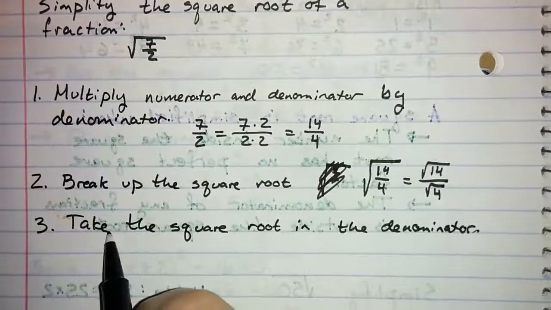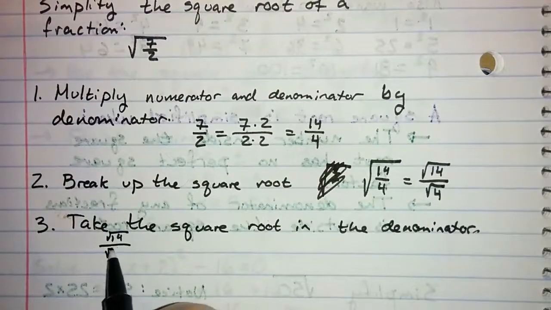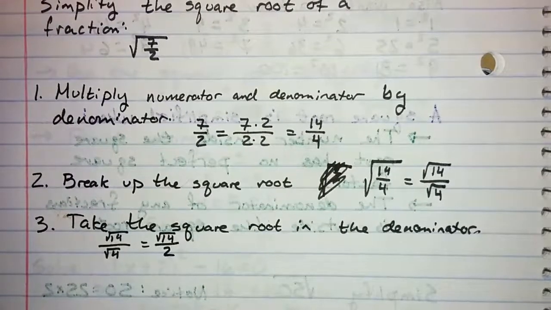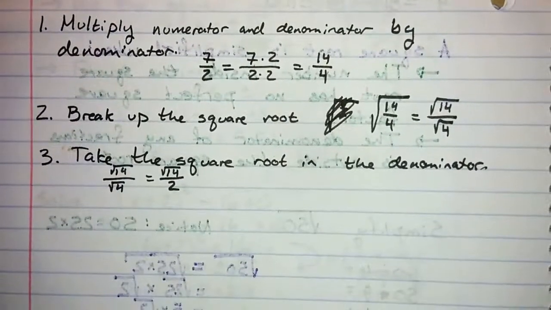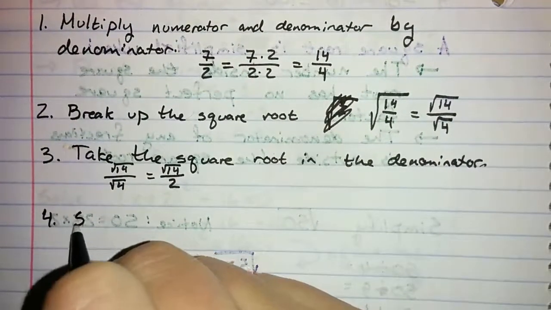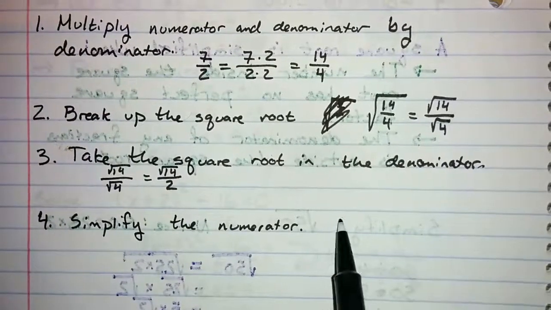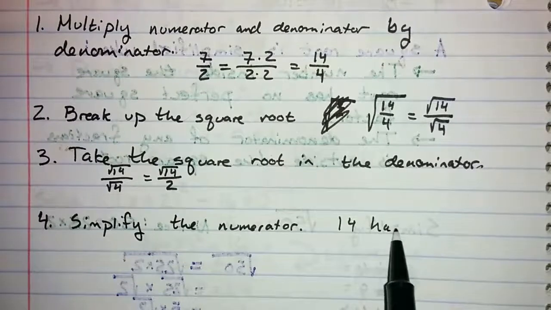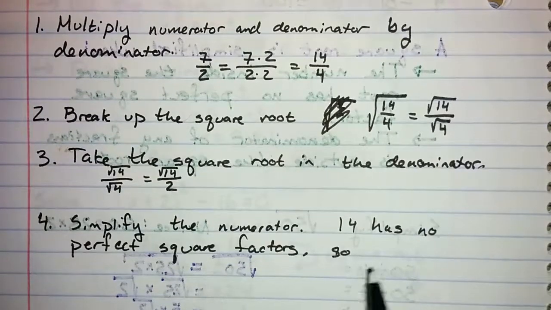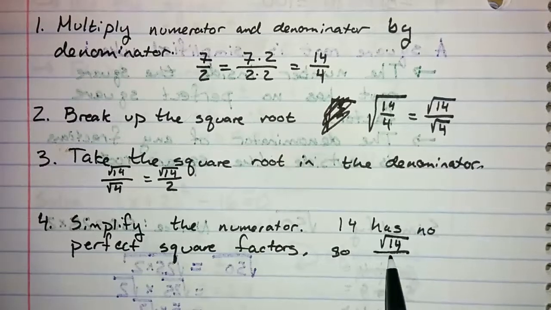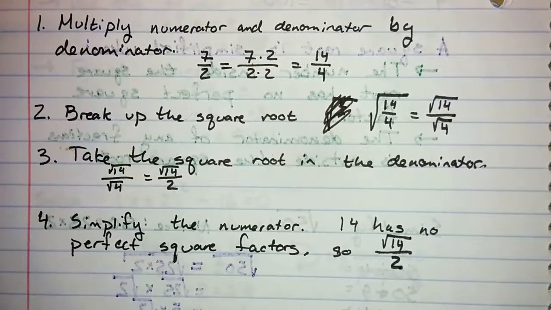So the square root of 14 over the square root of 4 is the square root of 14 over 2. And then our last step, if it applies, is to simplify the numerator. In our example, 14 has no perfect square factors, so we leave root 14 over 2 as our answer.